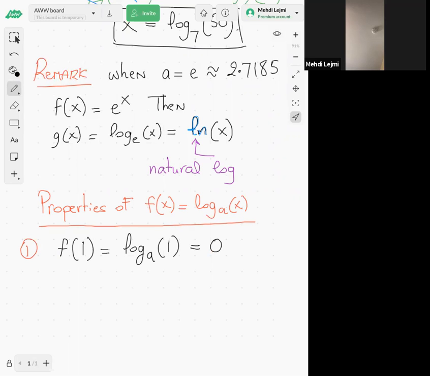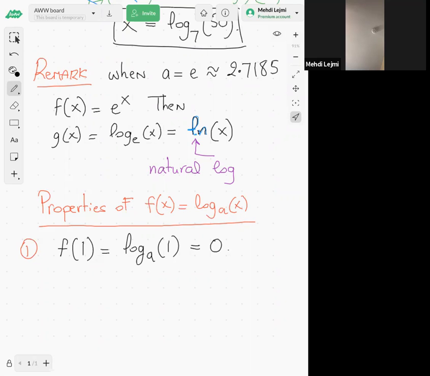Log of 1 is always 0 because you can just try to solve the equation, but the reason is, if you apply exponential on both sides, then you would have a to the 0 is equal to 1, right? So just keep in mind, log of 1 in any base is 0.